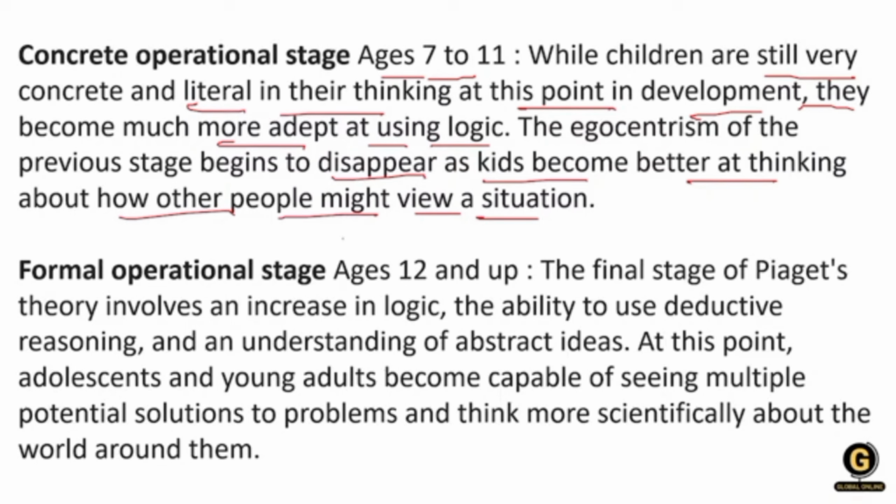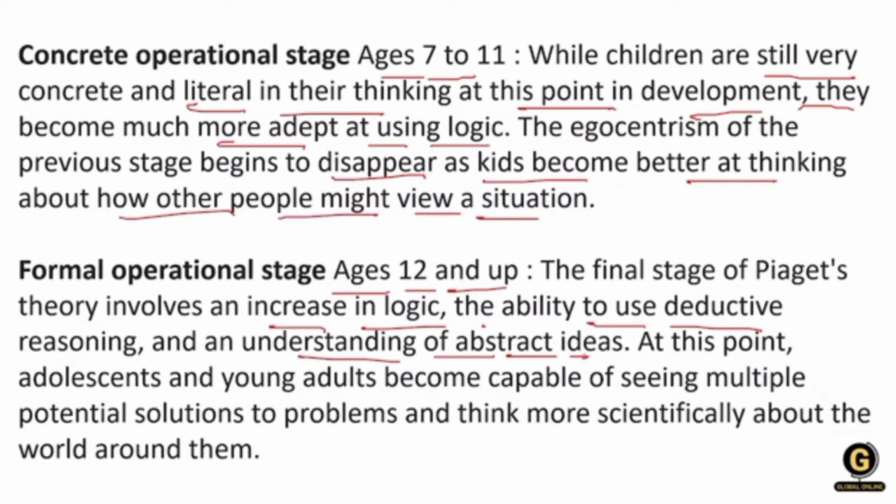Then the formal operational stage. Age is 12 and up, more than 12. If your age is more than 12, then you are in the formal operational stage. This is the final stage of Piaget's theory. It involves an increase in logic, the ability to use deductive reasoning, and understanding of abstract ideas.